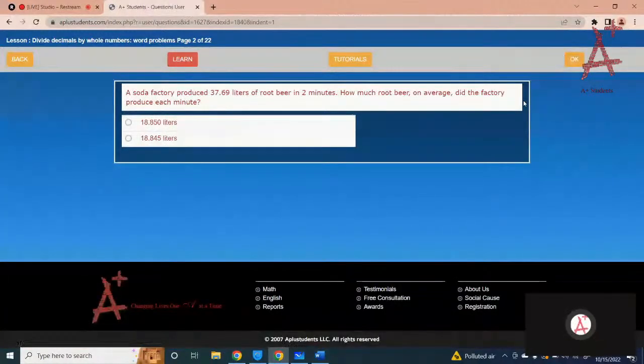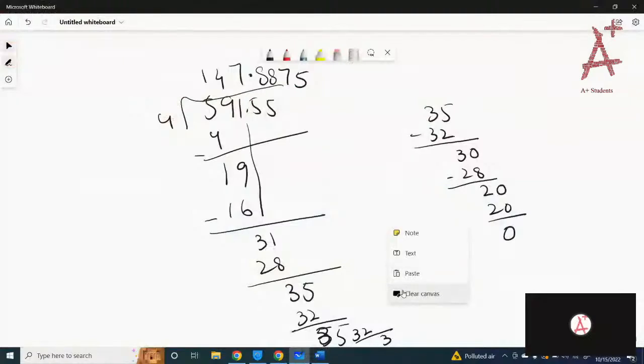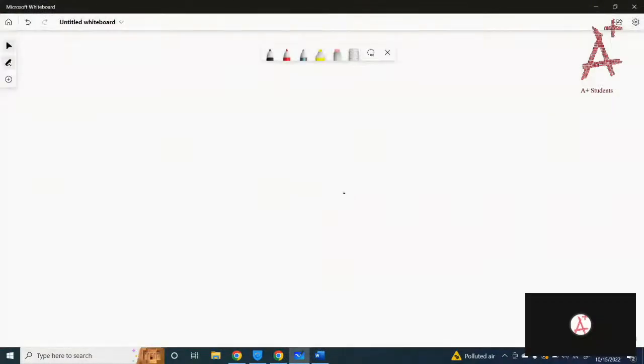A soda factory produced 37.69 liters of root beer in 2 minutes. How much root beer on average did the factory produce each minute? So 37.69 divided by 2. We can go for 2 times 1 is 2. 3 subtract 2 is 1.